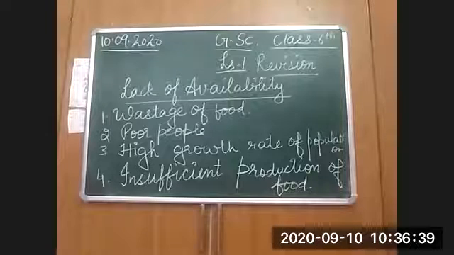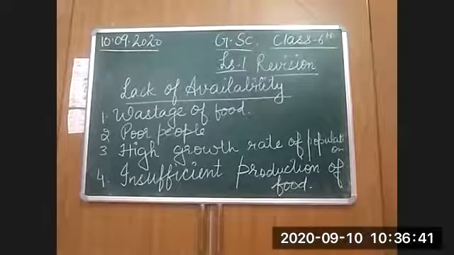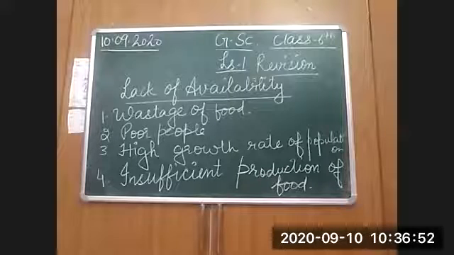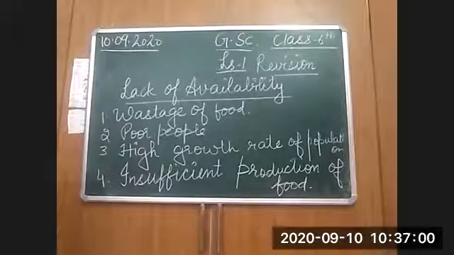High growth rate of population, population is so much that food is not available to everyone. Then insufficient production of food, food is not produced in proper amount, it is produced in less amount, so it is not made available to everyone.